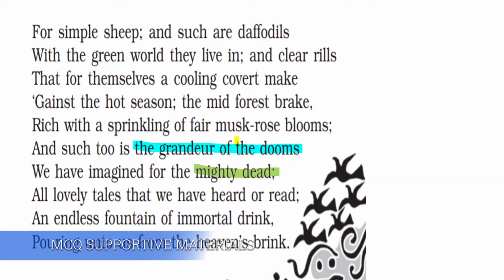Look at the example. Grandeur of the dooms, the mighty dead. These two lines, the grandeur of the dooms and the mighty dead, are examples of oxymoron. They are contradicting each other. How is it contradicting? Grandeur means the beauty, the beautiful.